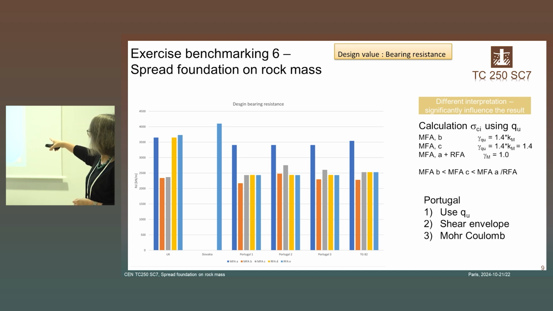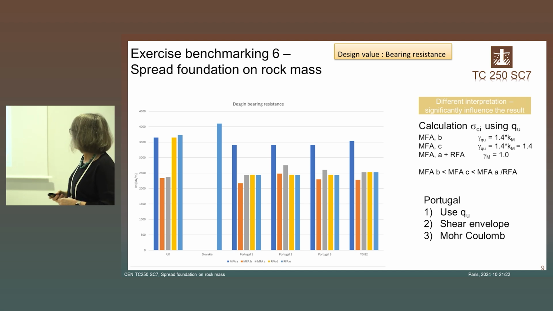But the most interesting one is that we have 3 different ways from Portugal here, as we already discussed. You can put the partial factor on the unconfined compression strength directly. You could put it on the shear envelope, or you can get into the more column C and phi and put the partial factor on.